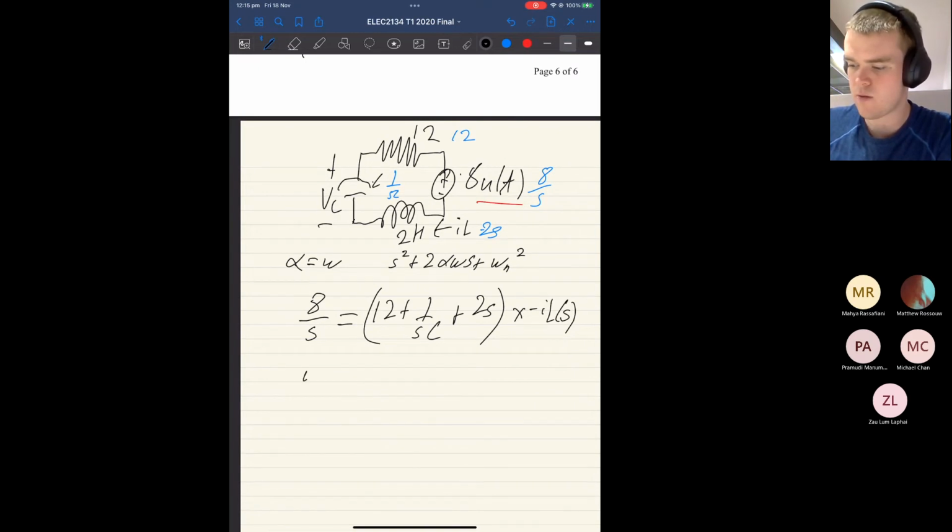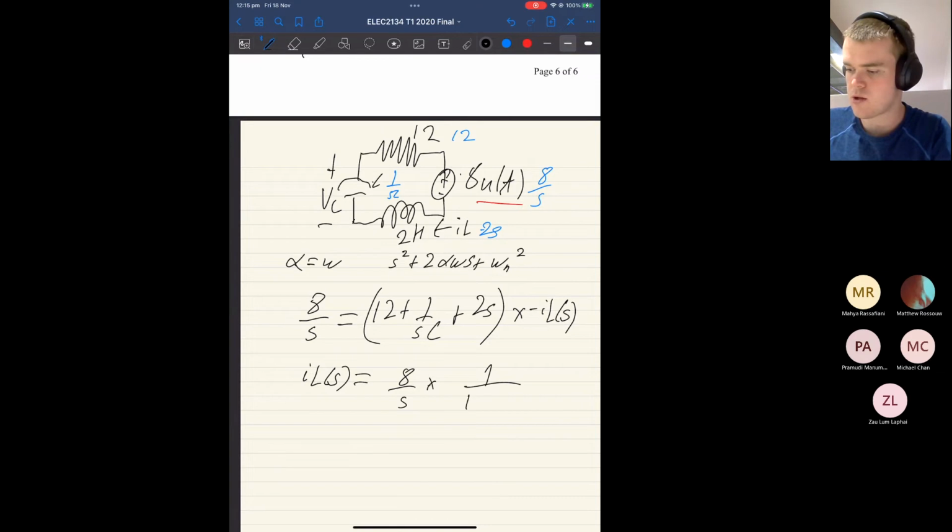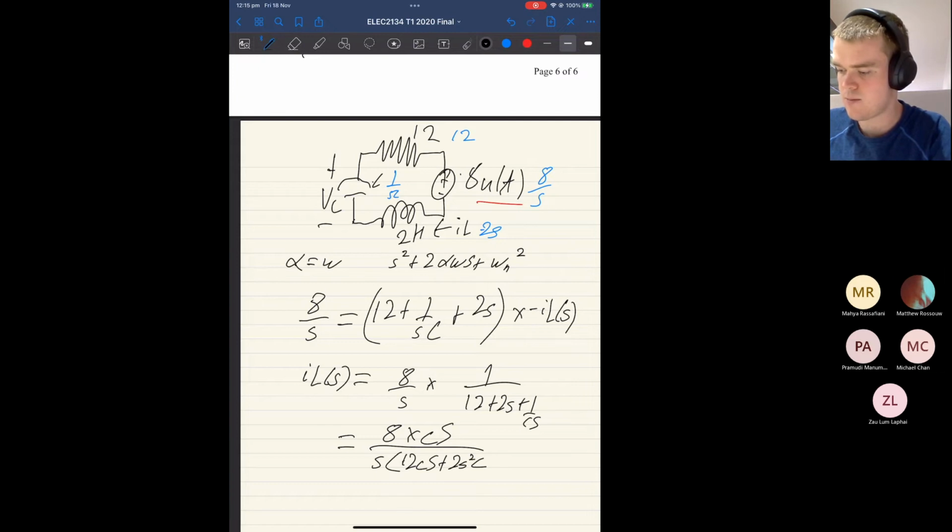Okay, so IL of s is just going to equal this 8 on s times by 12 plus 2s plus 1 on sC, whichever way you want to do it. Okay, and then you're going to end up with 8 times Cs, all on s of 12 Cs plus 2s squared C plus 1.